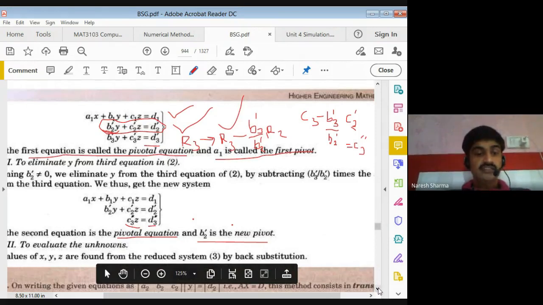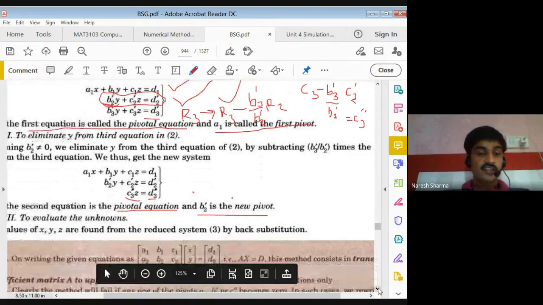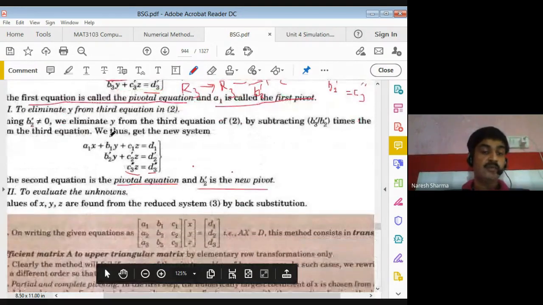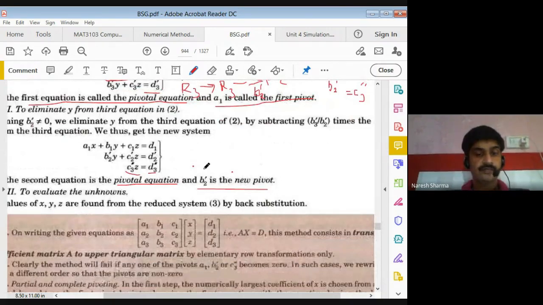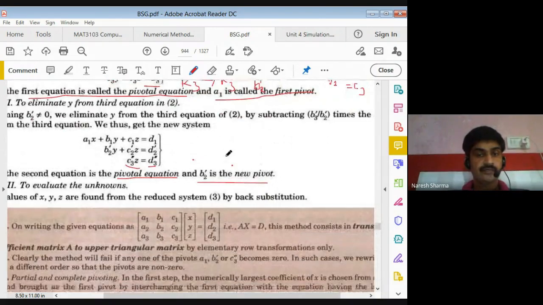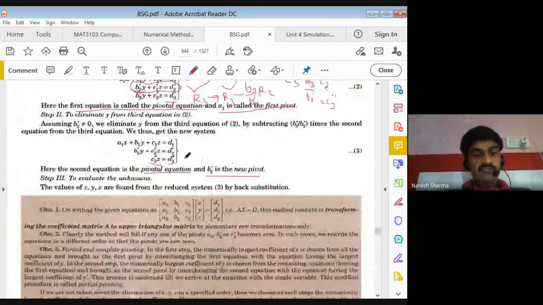Now after this, you can see here this upper triangular form. Now from the last row, if you see here, you can find the value of z, that is D3 double dash divided by C3 double dash.